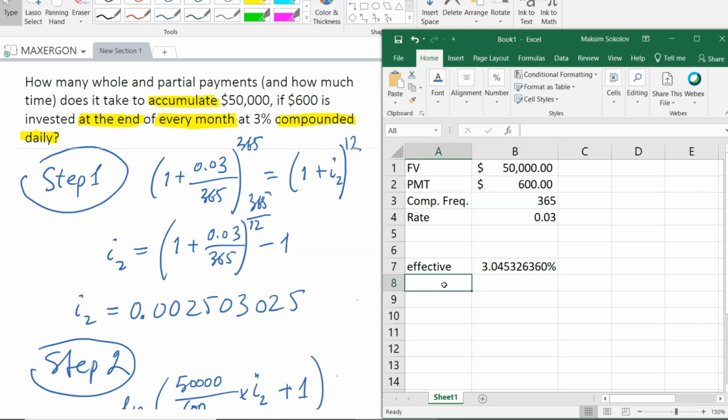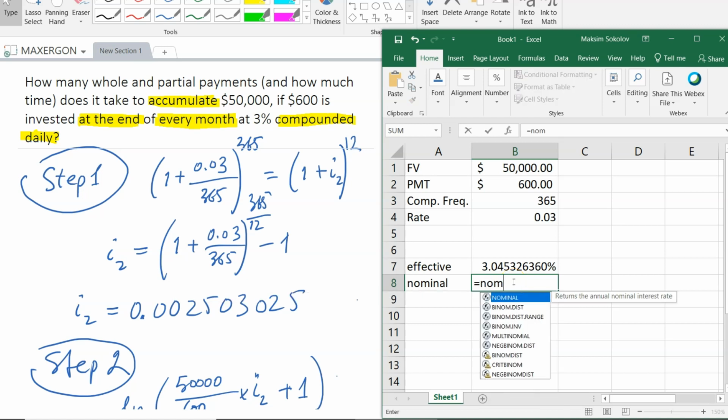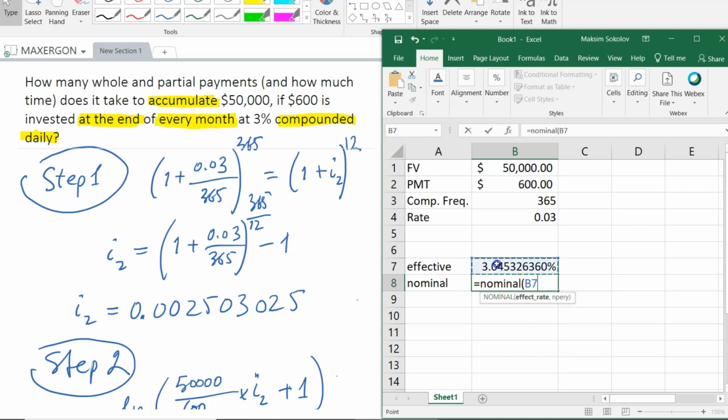Now I will need to use this effective rate to compute the nominal rate. This will be the second step, which is required for Excel to go to a nominal rate, which is equivalent to our 3% compounded daily. We need the nominal rate which is compounded monthly. So we'll use the function NOMINAL in Excel. First comes the effective rate. We'll use the effective rate that we already found in B7.